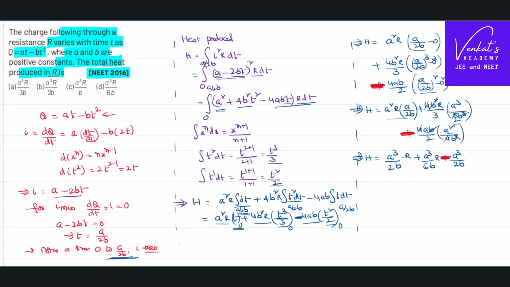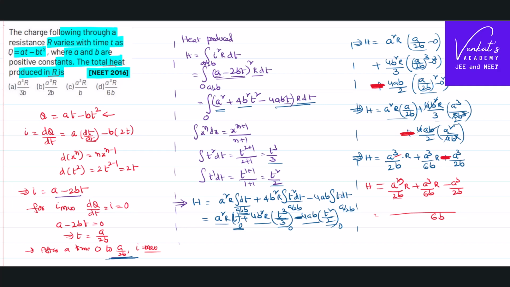H equals A cube R by 2B plus A cube R by 6B minus A cube R by 2B. For all of them, 6B is the LCM.